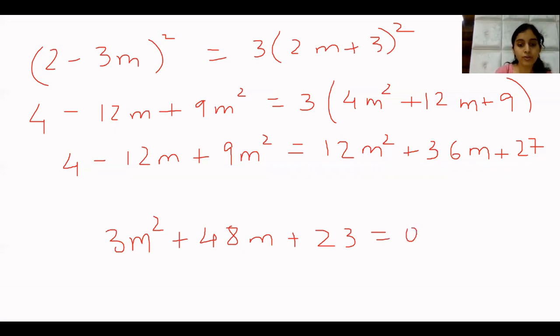Okay, now if you observe this equation, it is of the type pm square plus 2hm plus a equal to 0, like the auxiliary equation.